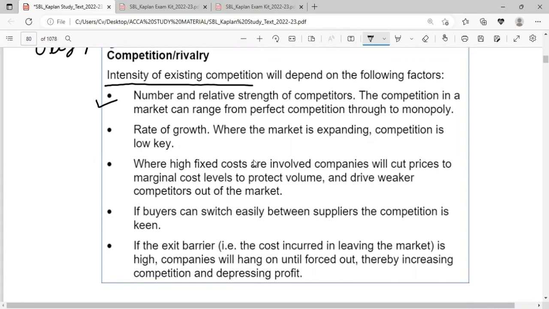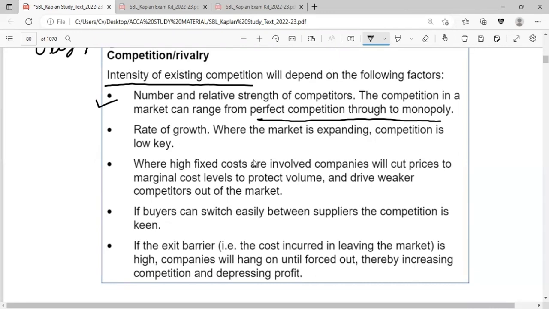Competition in the market can range from perfect competition through to monopoly. Why through to monopoly? If there are a number of competitors and all have a similar size, it is called perfect competition.